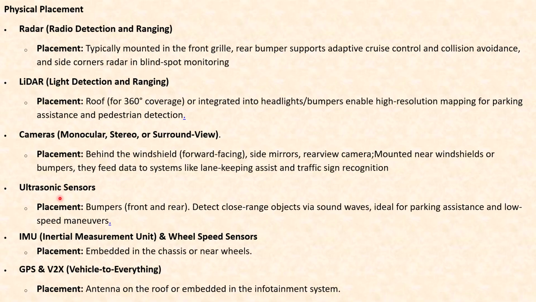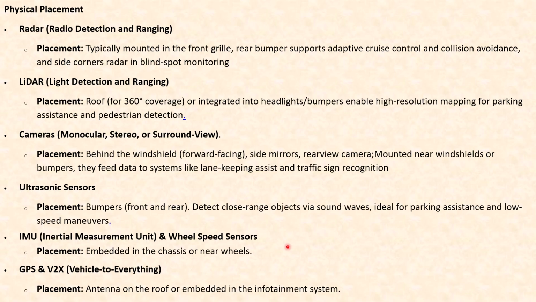Next comes ultrasonic sensors. Ultrasonic sensors are usually placed on the bumpers and detect close range objects via sound waves, ideal for parking assistance and low speed maneuvers. Next comes the IMU, inertial measurement unit, and wheel speed sensors. I did not explain much about them.